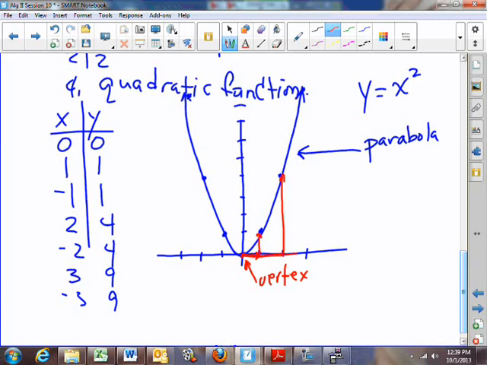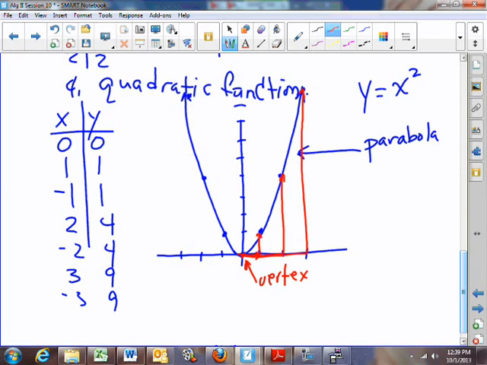If you went 3 to the right of the vertex, you'd go up 9. Well, that's pretty obvious if you think about it, because 1 squared is 1, 2 squared is 4, 3 squared is 9. But if we move this parabola someplace else, it's still going to have those same characteristics of going from the vertex 1 to the right, 1 up, 2 to the right, 4 up, 3 to the right, 9 up.